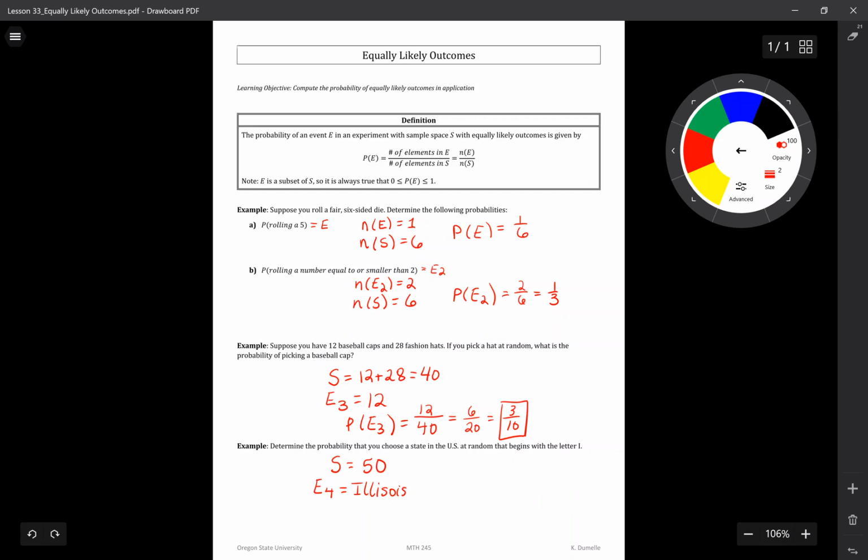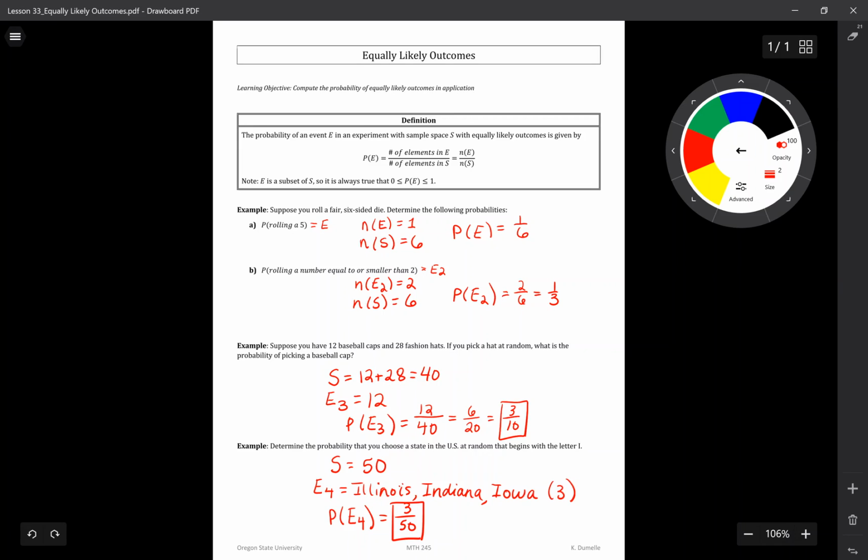I did not spell that right, did I? I guess that is right. Illinois. Indiana. Iowa. I think that's it. So there are 3 states here. So my probability of choosing a state that starts with the letter I is 3 out of 50.